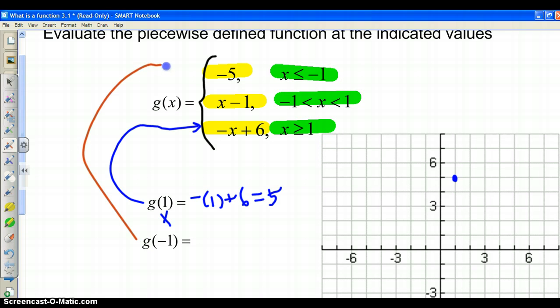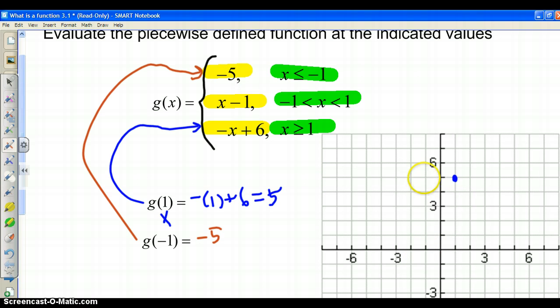So I'm going to plug this one into the first piece, or the first function here. Now, what's a little strange is, if you try to plug in negative 1 into this function, there's no x to plug into. See, there's an x, there's an x, there's no x. So the answer is just negative 5. There's nothing I can plug in. If anything's in that domain, the output will be negative 5, no matter what. So that's the point negative 1, 5.